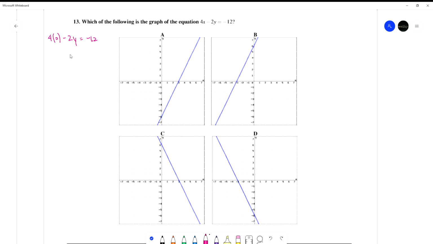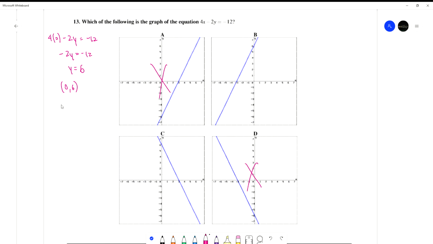So you're left with just negative 2y is equal to negative 12. So y is equal to positive 6. So your first ordered pair is 0, 6. So you look for the answer choices, and only B and C have it. That means A doesn't have it, and D doesn't have it. Then we move on.